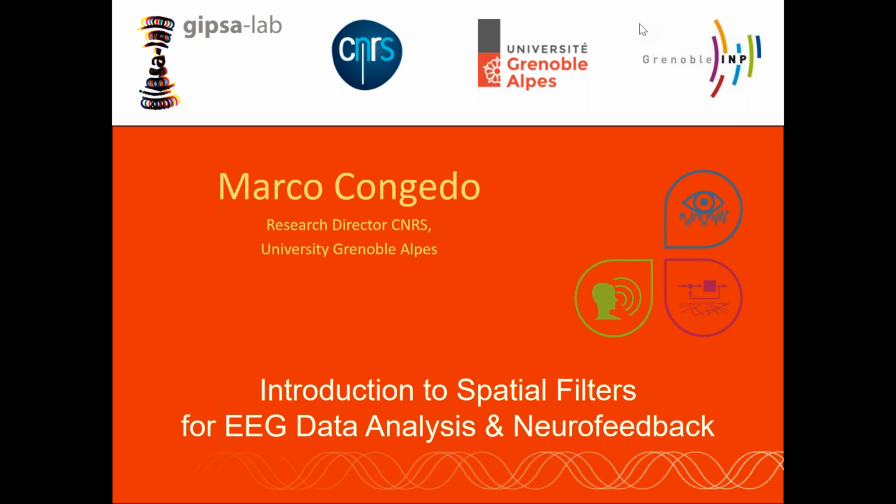And today I would like to introduce what we call spatial filters, so methods for filtering the data in order to increase the signal-to-noise ratio and to analyze the data, but also those methods could be used and can be used, we actually did it already, to improve the neurofeedback signal that is fed back to the patient or to the subject that is participating to an experiment.